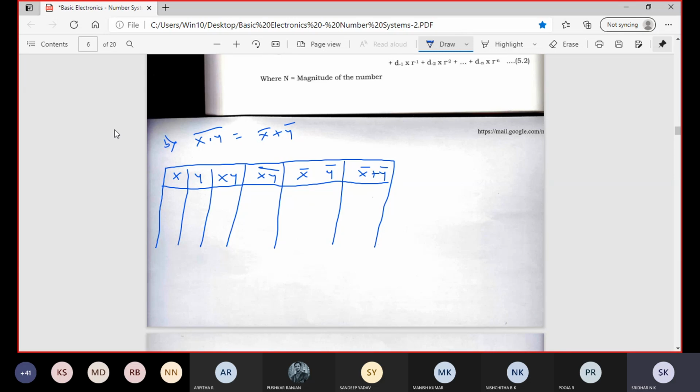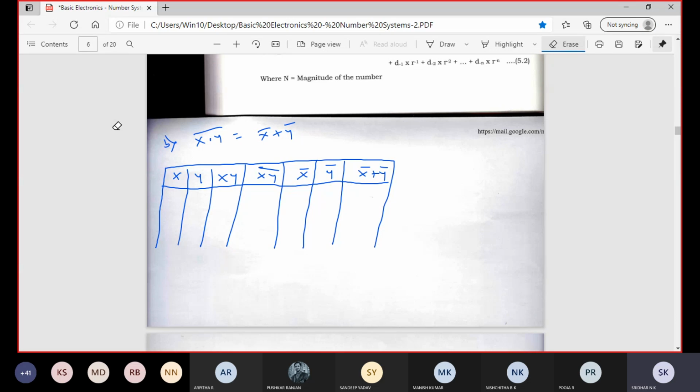Because if you are telling x plus y, we need it for the independent, I mean individual complement. If it is whole complement, then we will need x plus y. If it is individual complement, then it is not required, because we got x separately, and x bar separately, and y bar separately. Okay.